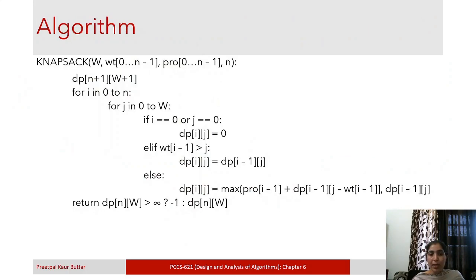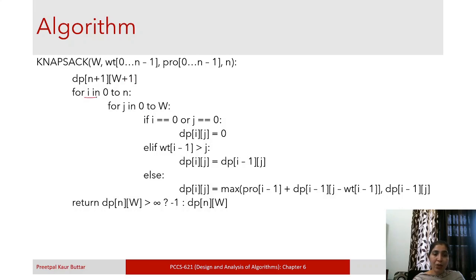Okay, so let us look at the algorithm. The algorithm is quite similar to the coin change problem. You have the capacity of the knapsack, the weight array, the profit array, and the number of items. Okay, so you create this matrix dp of n plus 1 by w plus 1, where n is the number of items and w is the capacity of the knapsack. And then you run two loops, the i loop and the j loop.